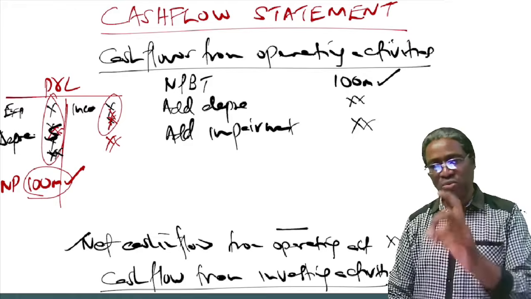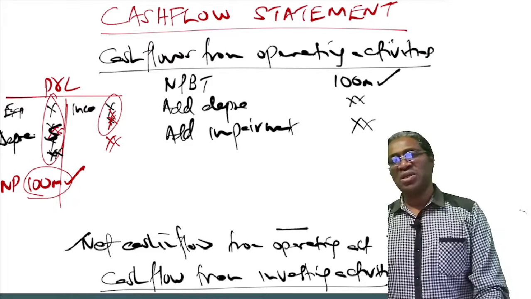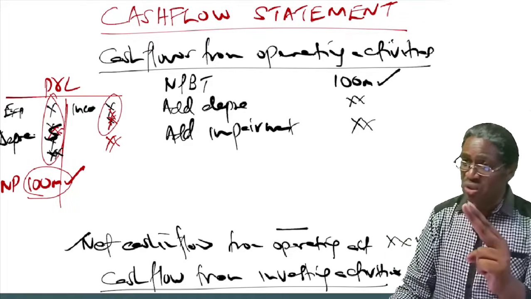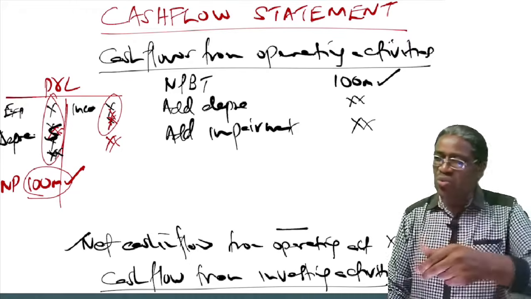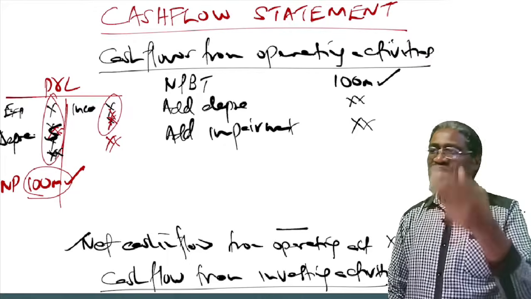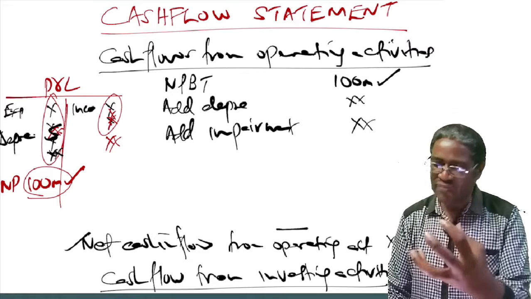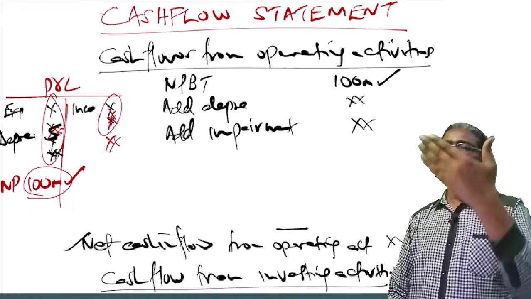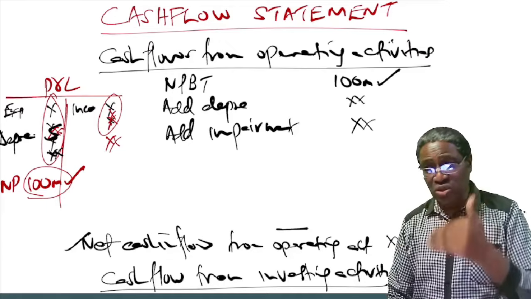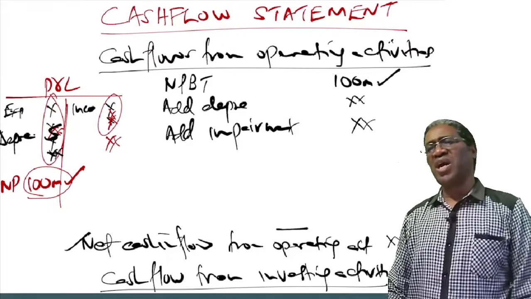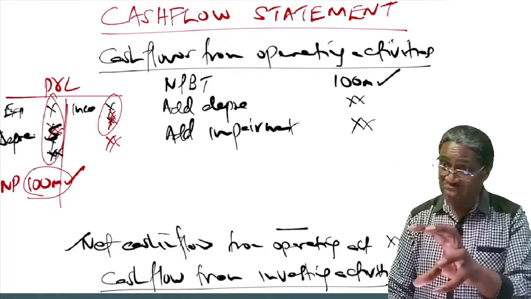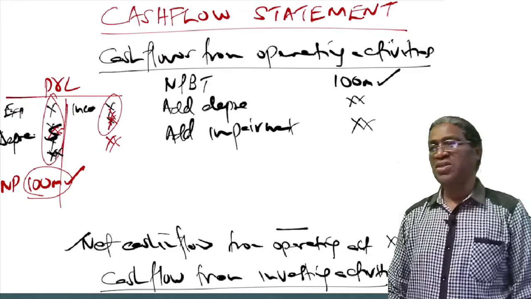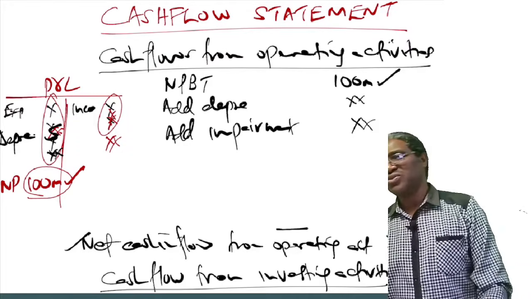Give me a few more non-cash items. I have identified two, things that went to the P&L account, yet you never paid anything for them. So I use those items and try and adjust the profit. So I want you to tell me some of the other items that you can remember. Good. Somebody has already given me two more.